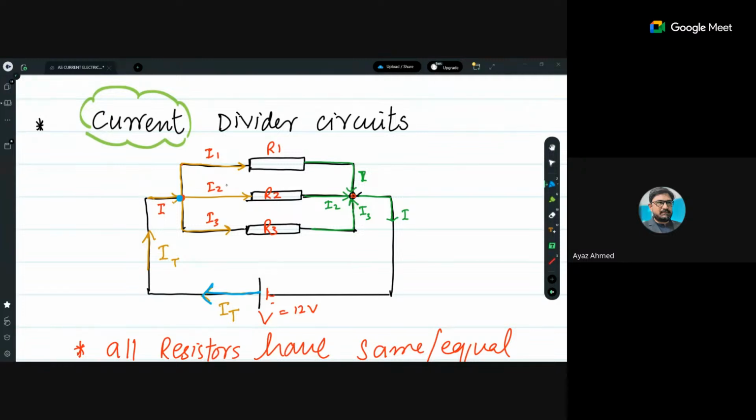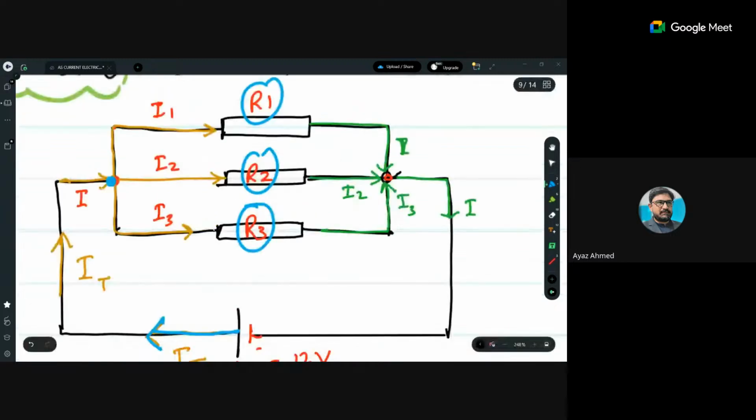Here I have provided three paths to the current: one through R1, the second through R2, and the third through R3. So the current will be divided, not equally, but accordingly, into I1, I2 and I3.